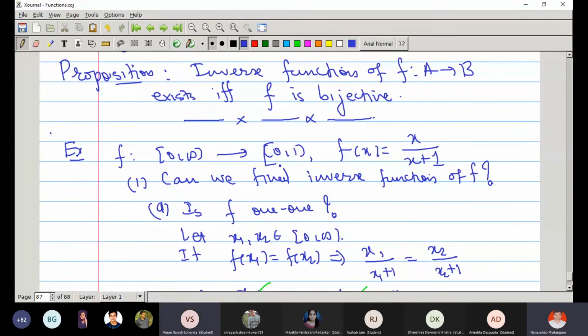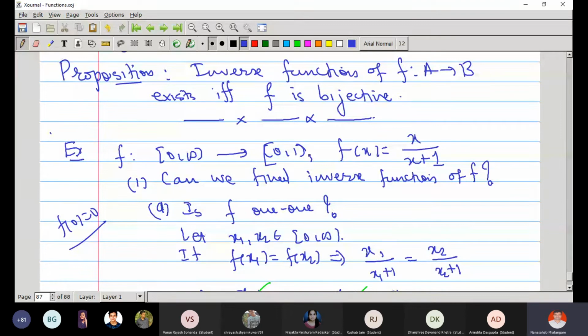For what value of x is it 1? For 0? No, f of 0 is 0. Oh, sorry, sir, my mistake. 0 should be included. That is fine.